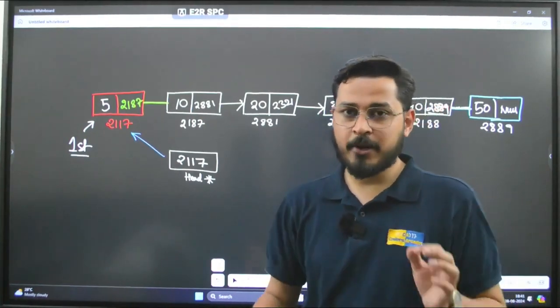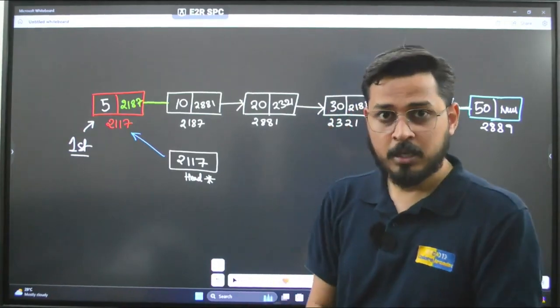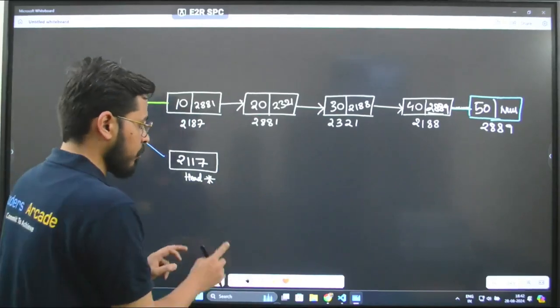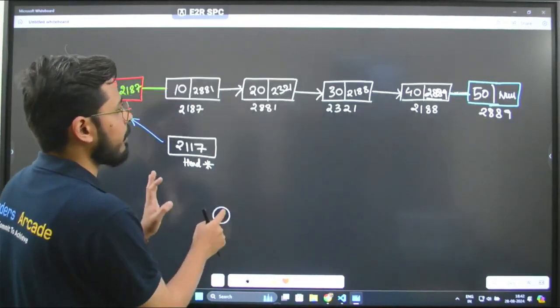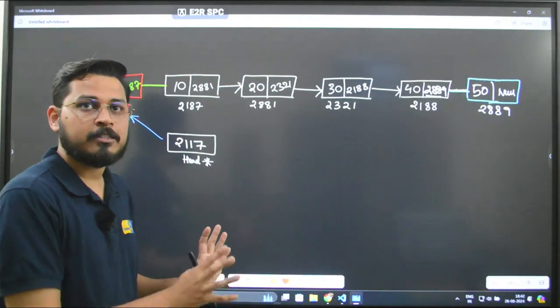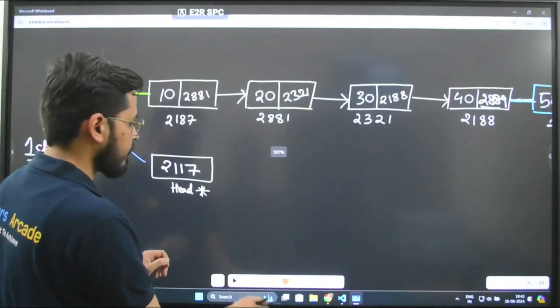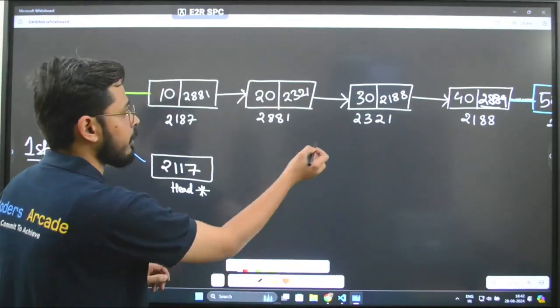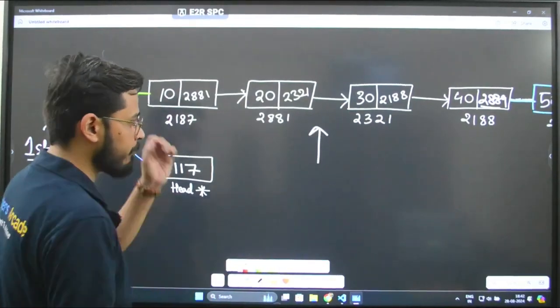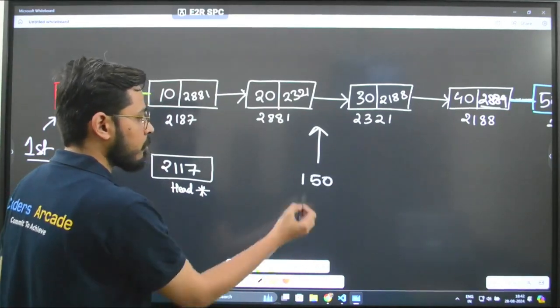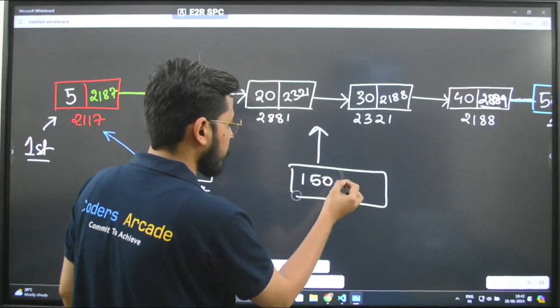Today I am not going to explain you the whole logic, I am just going to give you the idea of how it works, and then I will do it in tomorrow's class. So see here, this is our linked list ready. I hope that this linked list is visible to everyone. Now let us say you want to do insertion at this particular point in between, and what do you want to insert? You want to insert 150. So first of all, what you do is create a node.